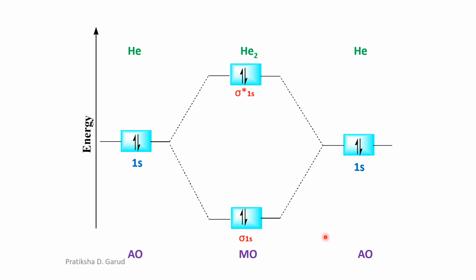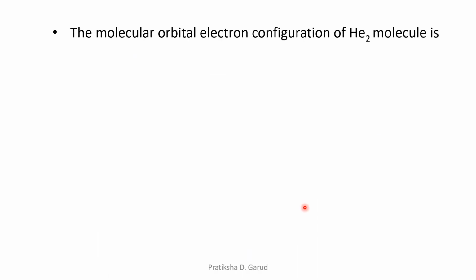Now we have to find out the MO electronic configuration. So what will be the MO electronic configuration? It is sigma 1s2, sigma asterisk 1s2. So we can write the molecular orbital electronic configuration of the He2 molecule as sigma 1s2, sigma asterisk 1s2, right?